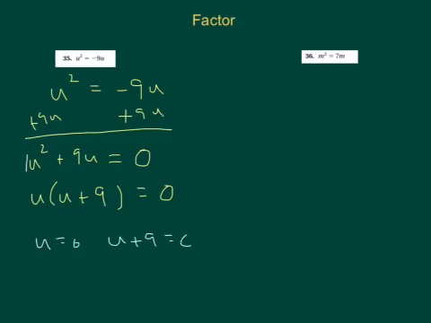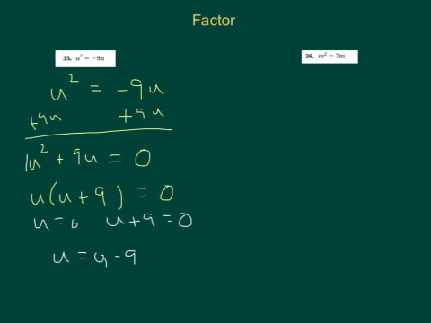And I'm going to end up with answers of u equals 0 and -9. And it'd probably be a little bit more pizzazzy to write our final answer as u is equal to -9 and 0. Always just sort of keeping the smallest number to the left.